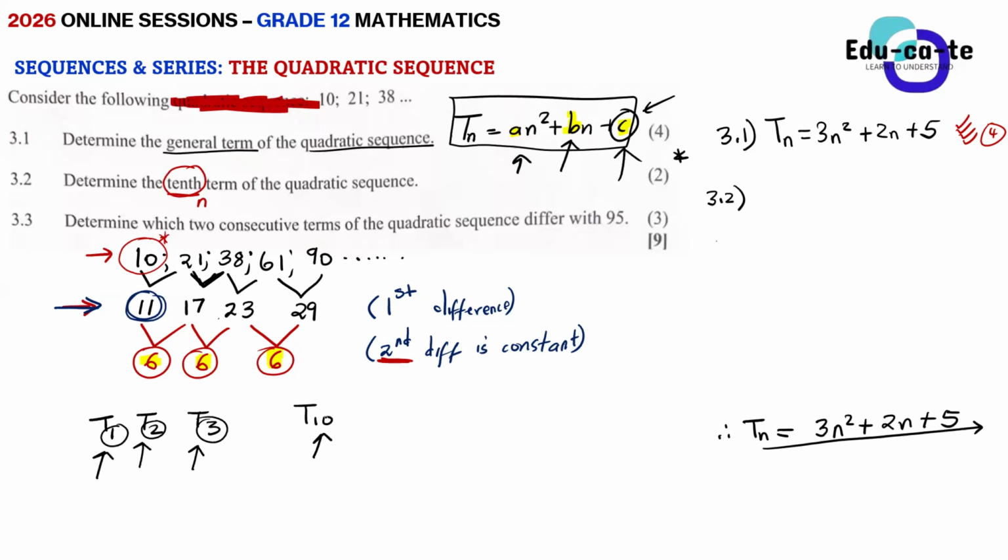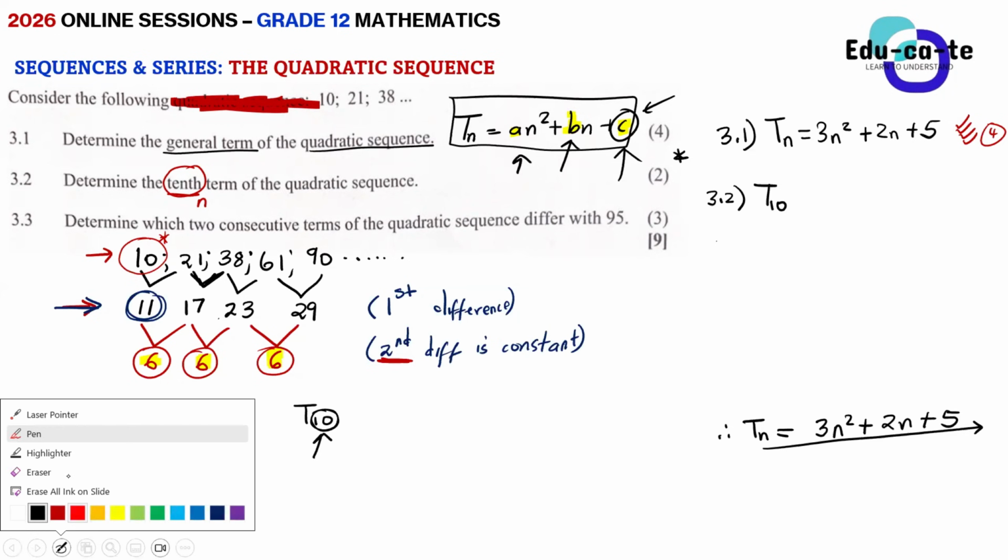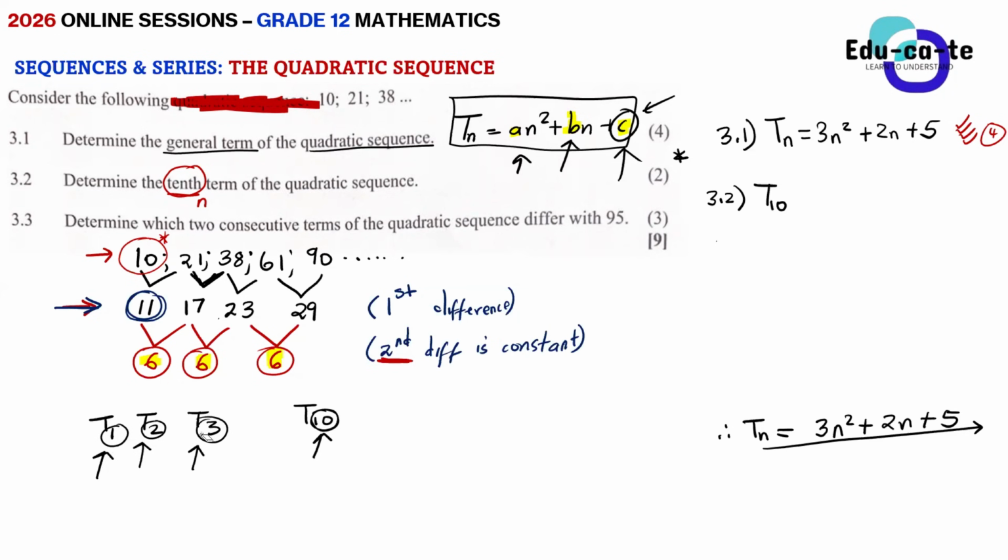So when we're having the 10th term, we want the value of the term found at position number 10. Is that kind of clear? Yes, so we want the numerical value of the term that is found at position 10. So here we're looking for T10, because we know that the position is definitely 10, but we don't know the value, which is what we are calculating.